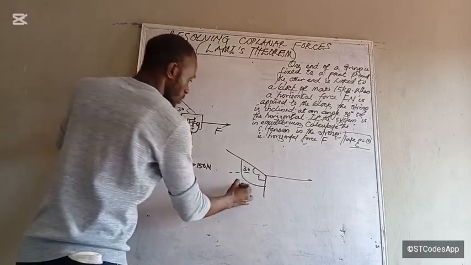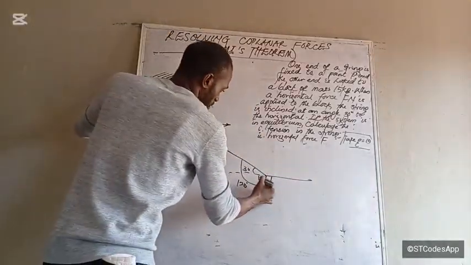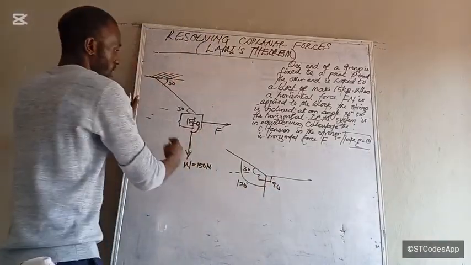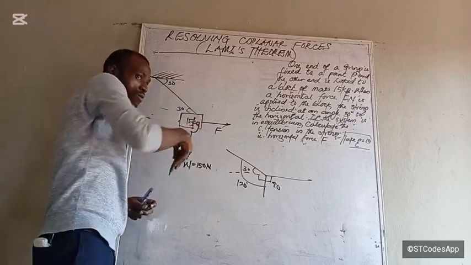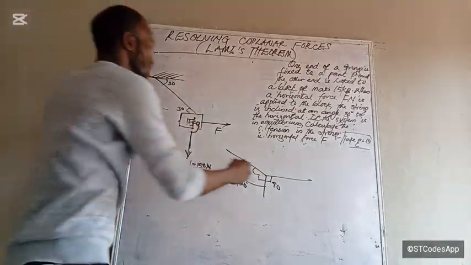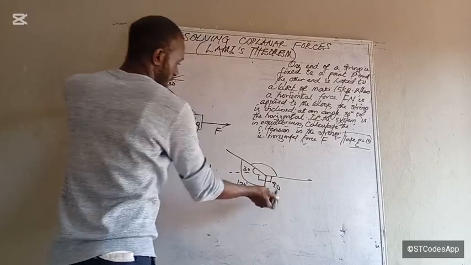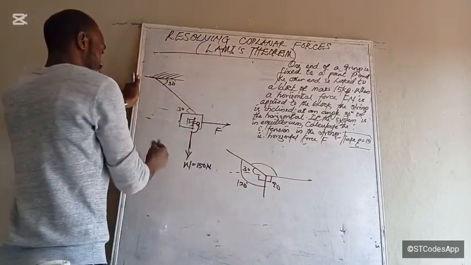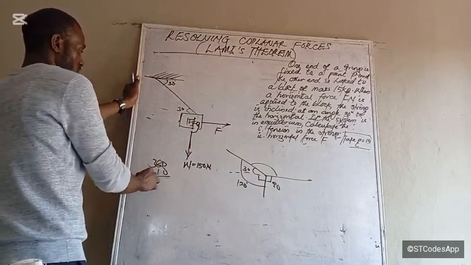Everywhere will have what? 120 degrees. What will this angle be? 90. Don't forget, weight is always straight downwards. Then this angle is what? Just add these and subtract from 360. 360 minus 210, 150.